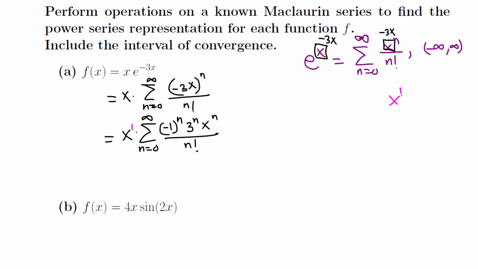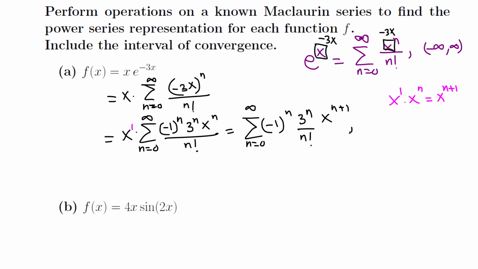We know x^1 times x^n, we add the exponents, 1 plus n, which is the same as n plus 1. So this is then the sum from n equals 0 through infinity of (negative 1)^n 3^n x^(n+1) all over n factorial, and the interval of convergence is all real numbers.